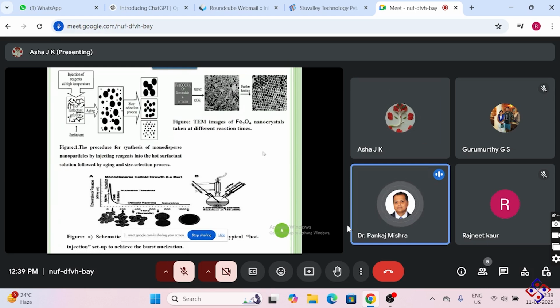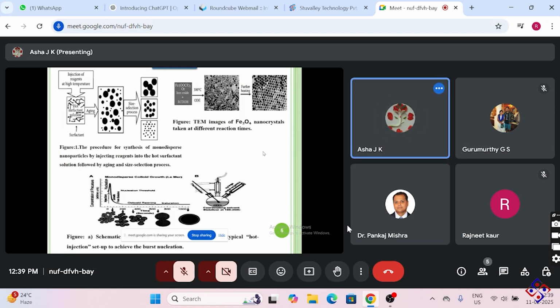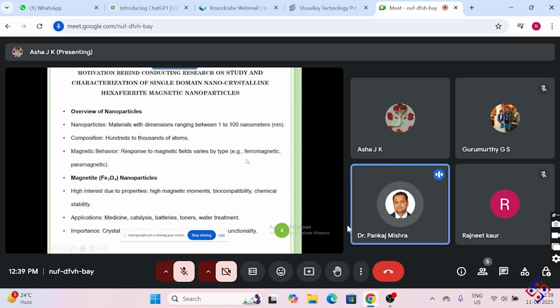What was the resolution of that microscope? Okay, go ahead with your introduction. We will discuss these things in your research methodology again.